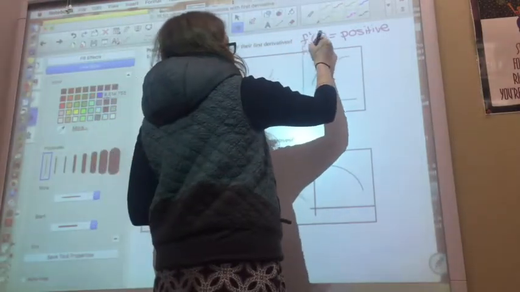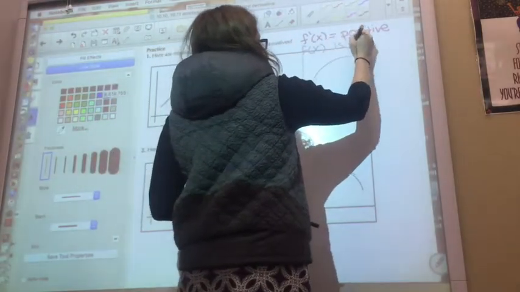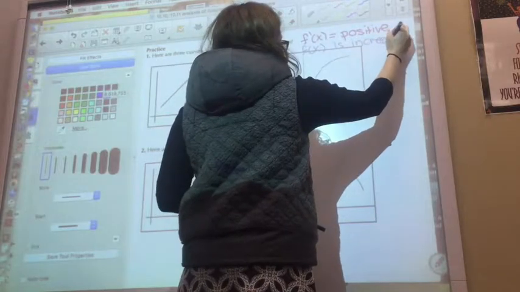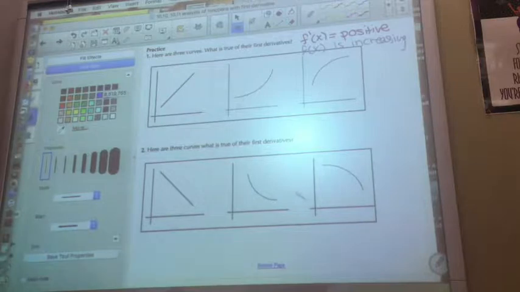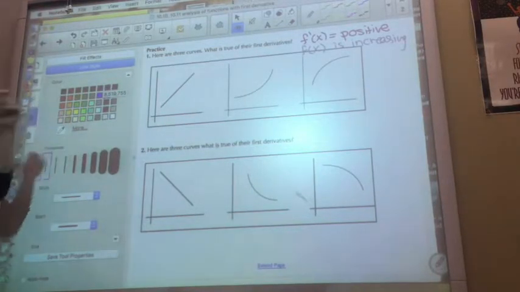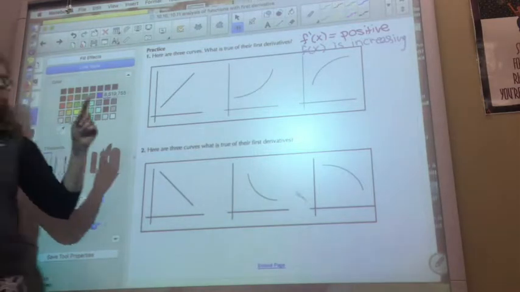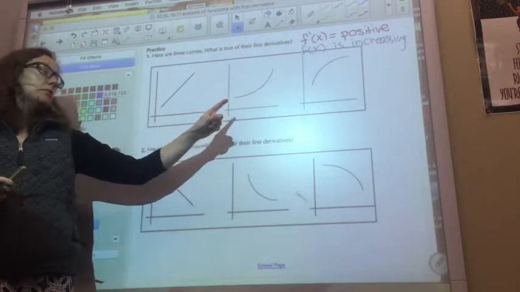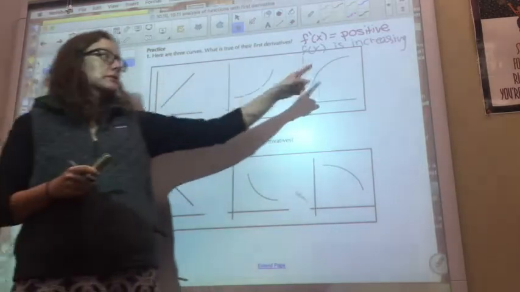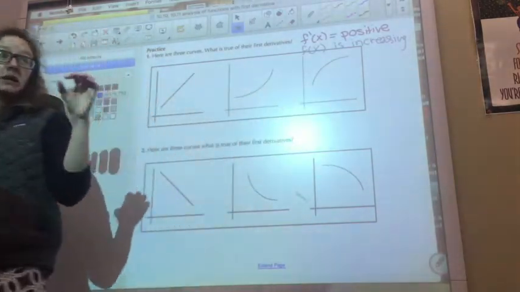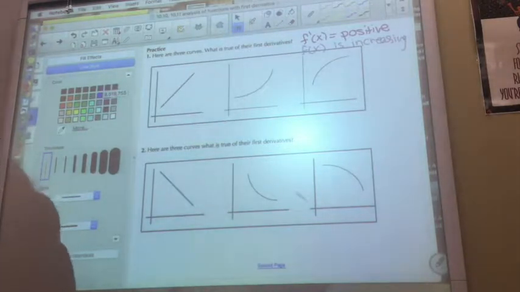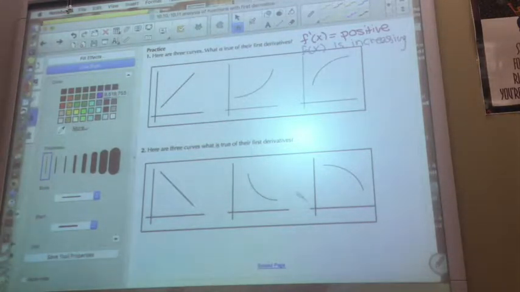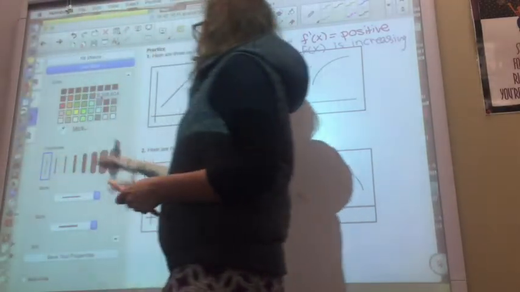So f of x is increasing, which means f prime is positive. Does that seem okay? Because an increasing slope, one of those actually has an increasing slope. The middle one has an increasing slope. But that one's slope is constant, and that one's slope is decreasing. So we just have to be really clear that we're saying f prime is positive because that means f is increasing. Okay, Hilton, what is true about the first derivatives on these 3?